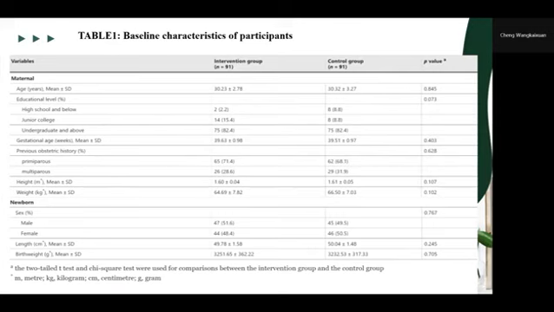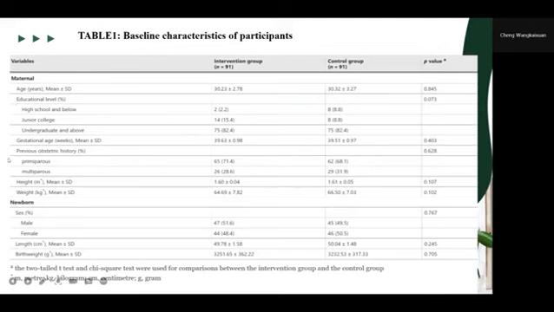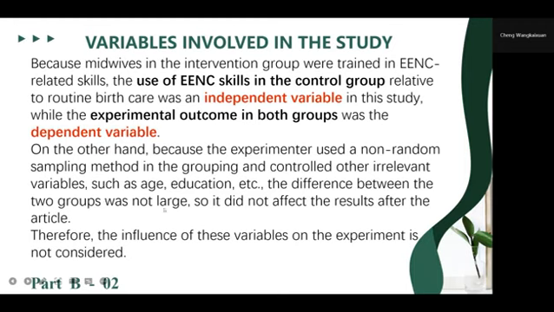Here is the table for the baseline characteristics of participants. So we mentioned in the last slide, because of the non-random sampling method in the grouping and controlled over other irrelevant variables, this table states the variables in the table do not affect the results of the article.